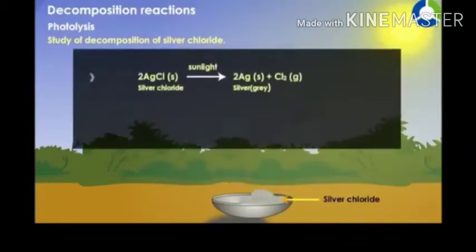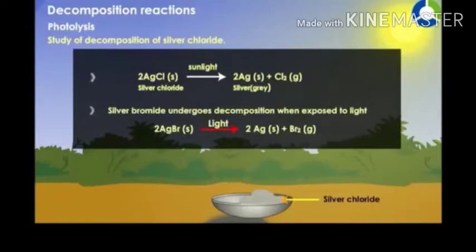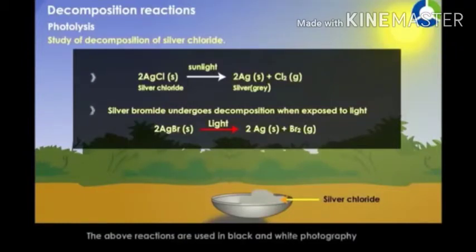Silver chloride, 2AgCl, on exposure to sunlight gives 2Ag, silver, and chlorine, Cl2. Silver bromide undergoes decomposition when exposed to light. Silver bromide, 2AgBr, when exposed to light gives 2Ag, silver, and bromine, Br2. The above reactions are used in black and white photography.